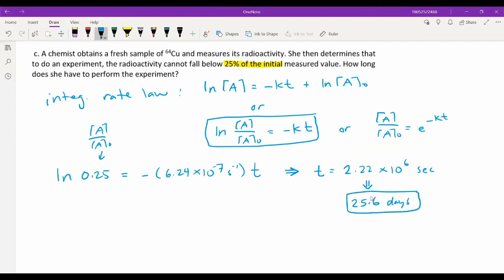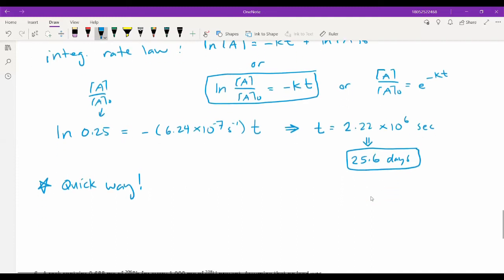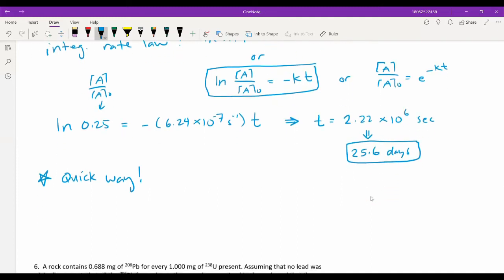So there's a shorter way to do it: just use the half-life. So we know from part A that the half-life is 12.8 days. First order half-lives are going to be constant. They don't vary depending on how much you have.